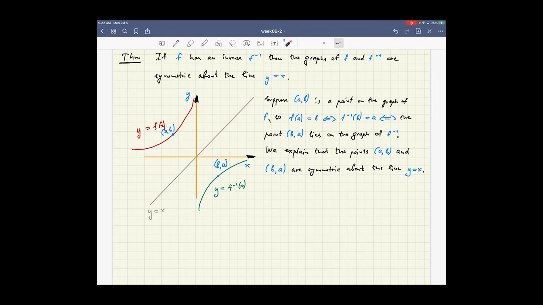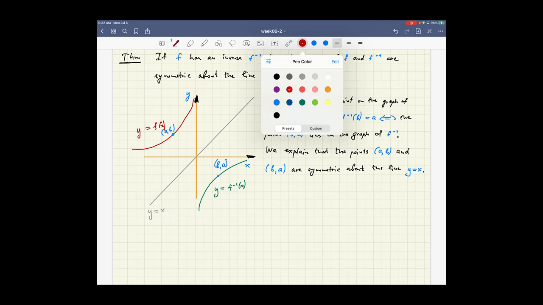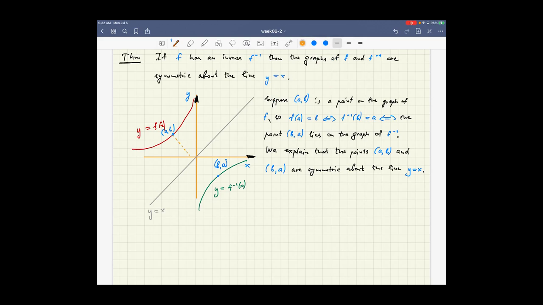And second, we show that the midpoint of the segment joining the points a comma b and b comma a, let me draw that segment. Let me not make it pass through the origin.